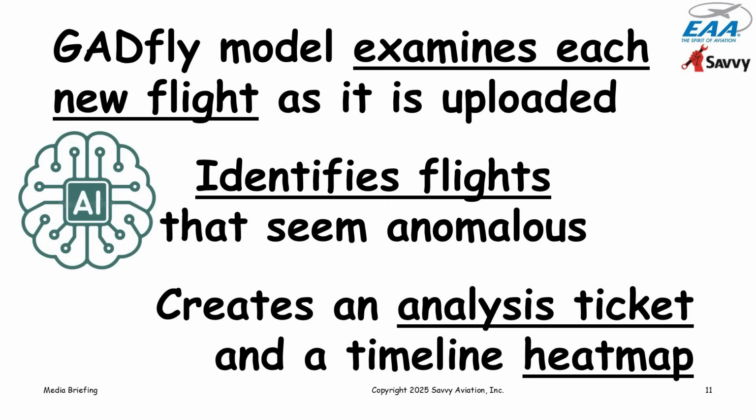So right now, the GADfly model is examining each new flight as it's uploaded, and it's actually only looking at SR-22 flights right now, but we plan to expand that. It identifies flights that seem sufficiently anomalous that it thinks somebody ought to look at them.